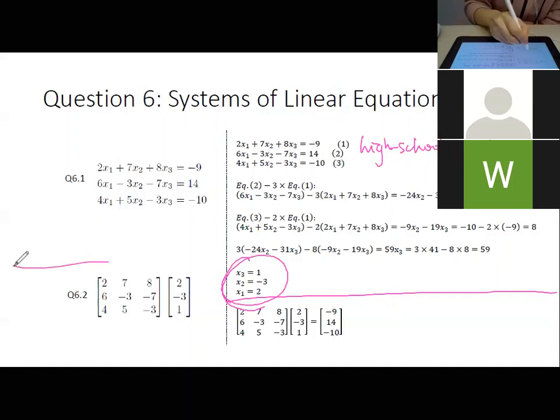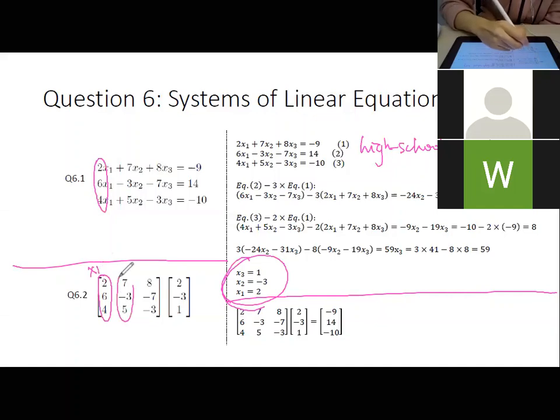Now we go to the second part of the question. We have a matrix whose first column is the coefficients before variable x1.